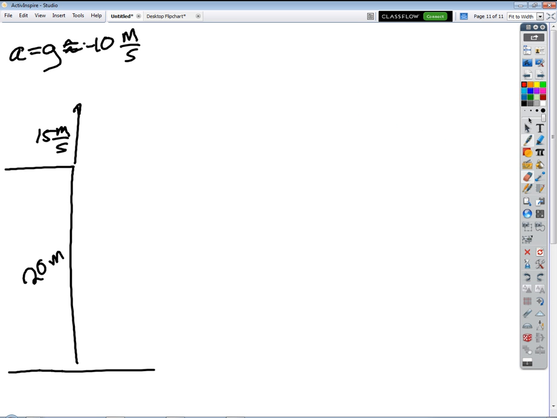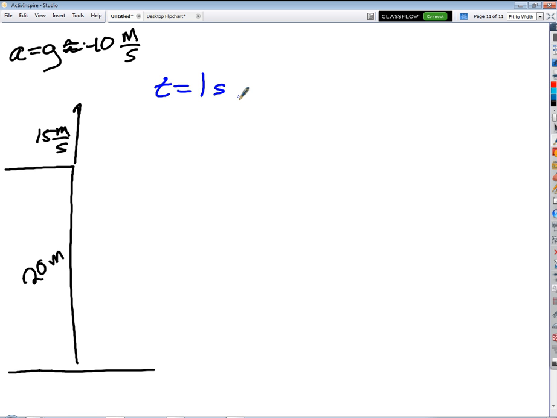So let's write all that stuff, compile all the stuff that we're given. We know that t equals 1 second. I know that acceleration is roughly negative 10 meters per second squared. I know that, what's this, tell me? What would you call that?